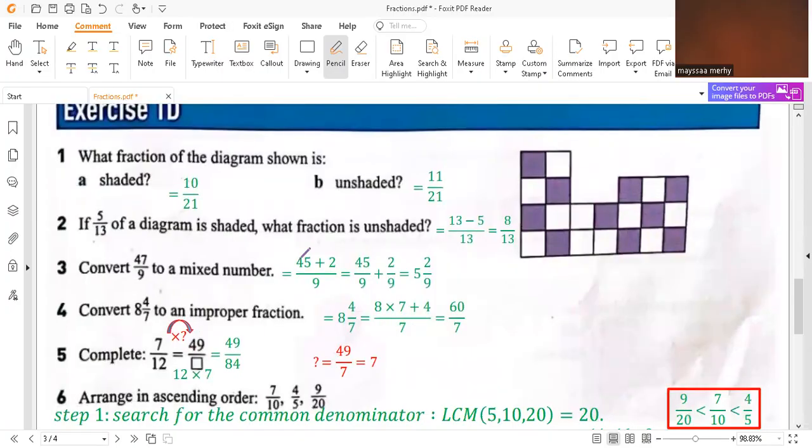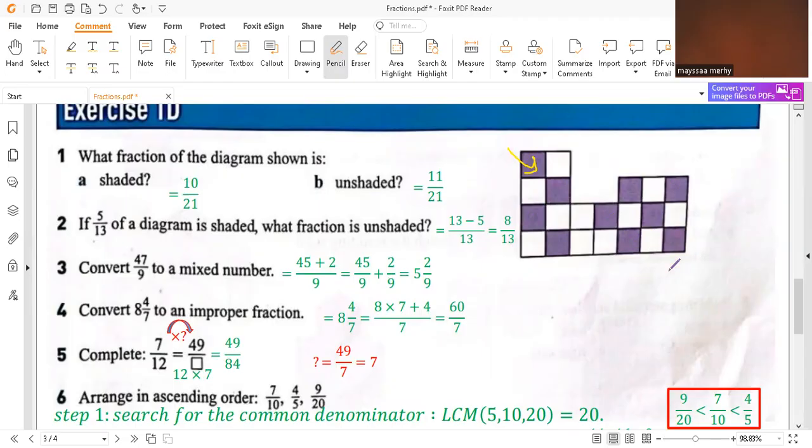Okay, so I'm starting with the exercises. It is easy to know. For example, if we have a diagram and they ask us to find the fraction of the diagram shown that is shaded. We have the purple squares to the right of the screen, so we can count them: 1, 2, 3, 4, 5, 6, 7, 8, 9, 10.